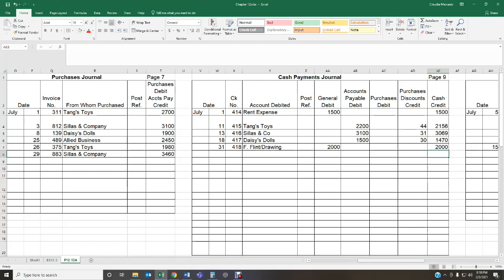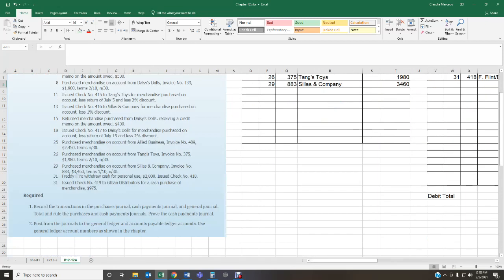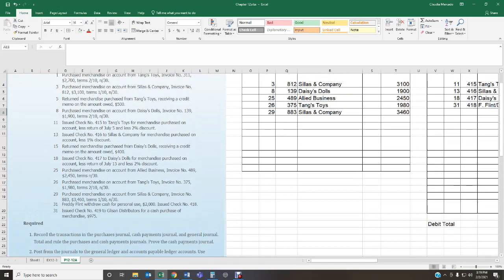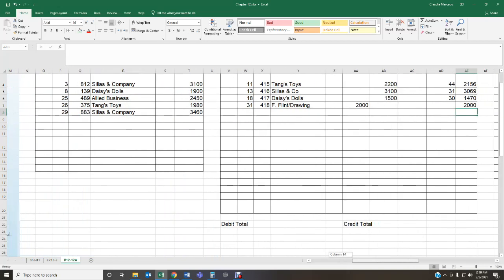And then we have, last but not least, issued check number 419 to Glisson Distributors for a cash purchase of merchandise, $975. Okay, so we issued another check, 419, to Glisson Distributors for cash purchase of merchandise. Okay, so we issued another check, 419.